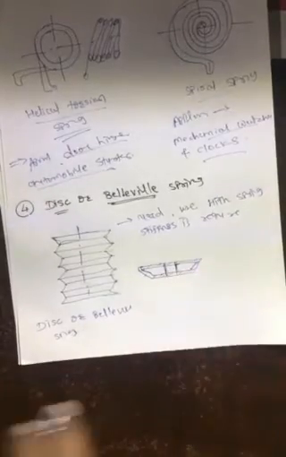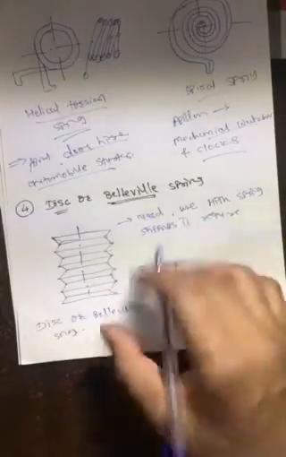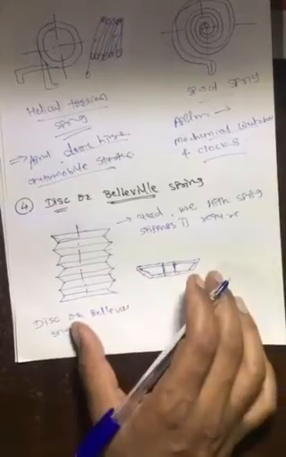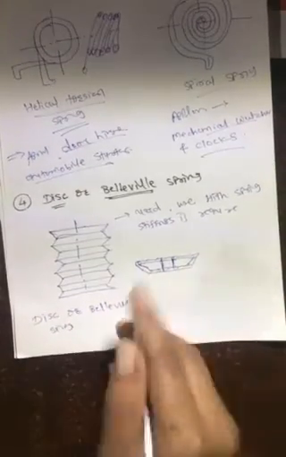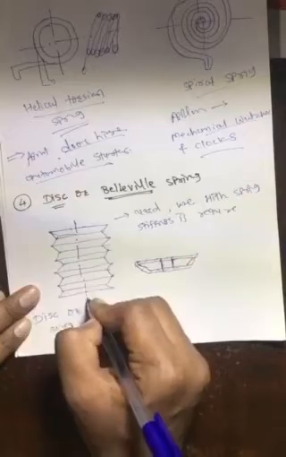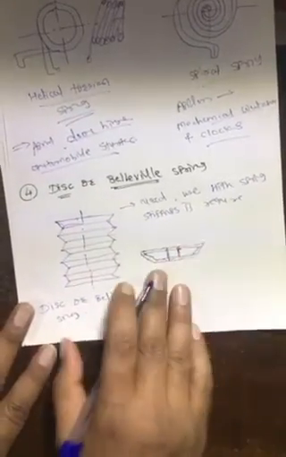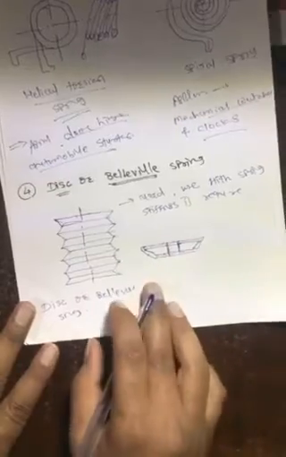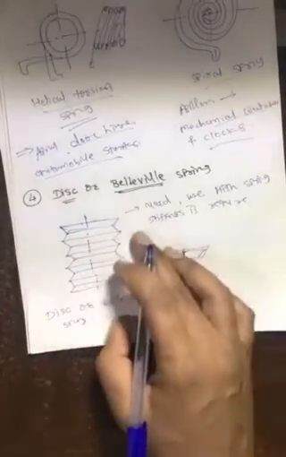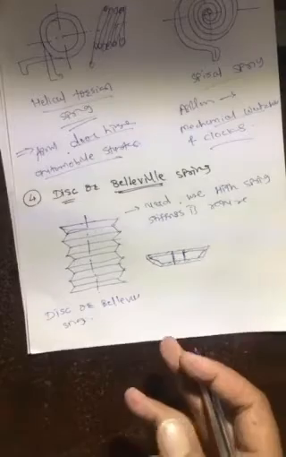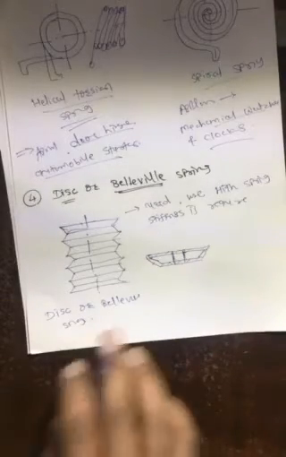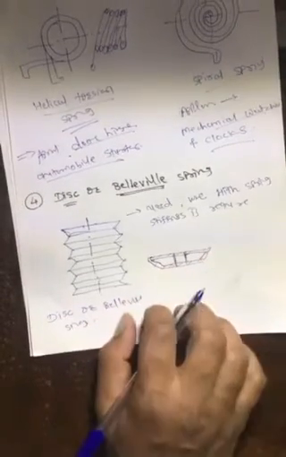It is made of a number of conical discs held together by a central bolt or a pipe passing through the disc hole. It is a Belleville spring.